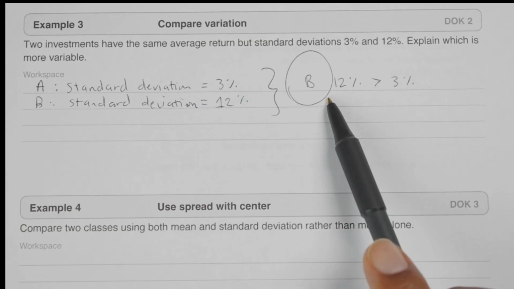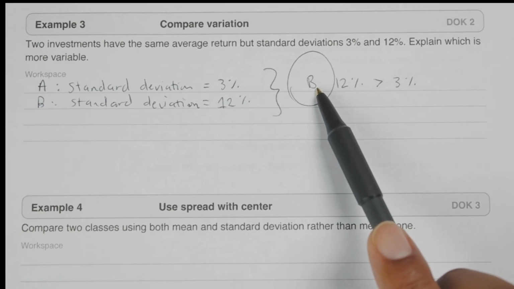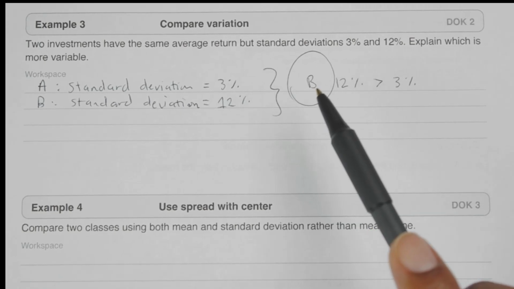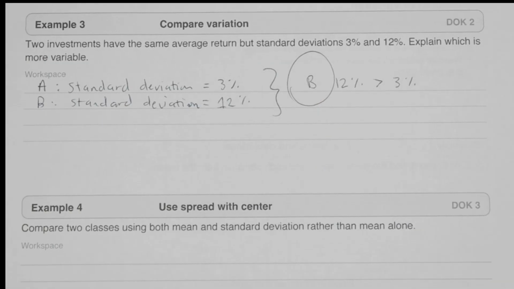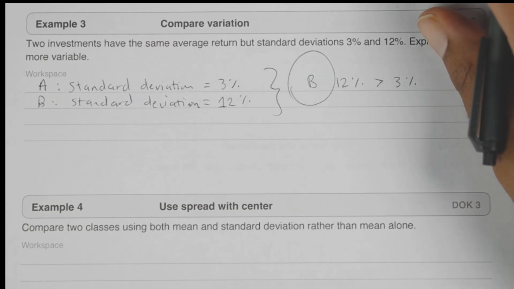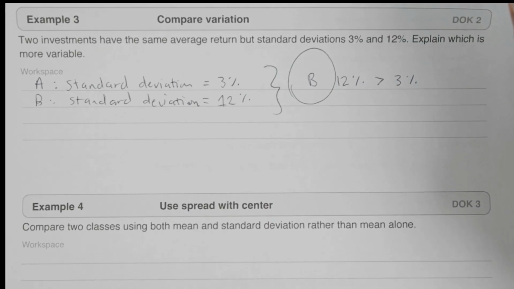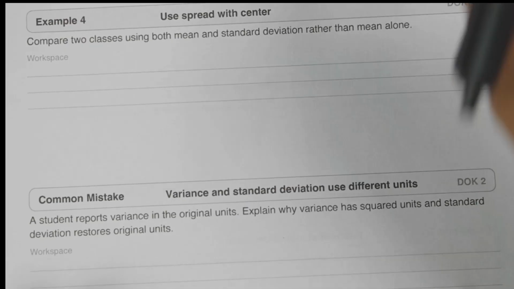Because a larger standard deviation means you have more of a general spread. So even if both investments have the same average return, the same average is not equivalent to the same risk. So investment B has substantially greater variation in its overall returns. Okay. Example number 4.